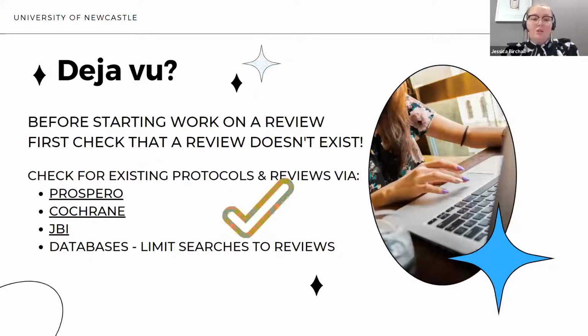You can search for existing protocols and systematic reviews via Prospero, Cochrane, and the Joanna Briggs Institute, so JBI. You can also look at other health databases. You can limit your searches to just reviews. Systematic review will often be in the title of the systematic review, so you could try a title search using that and see what you come up with.